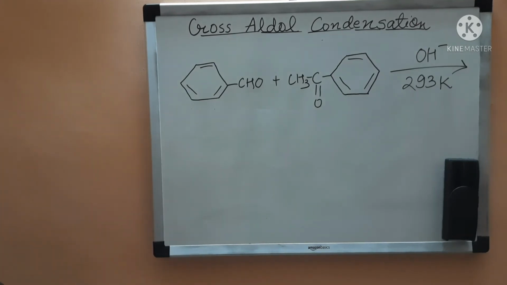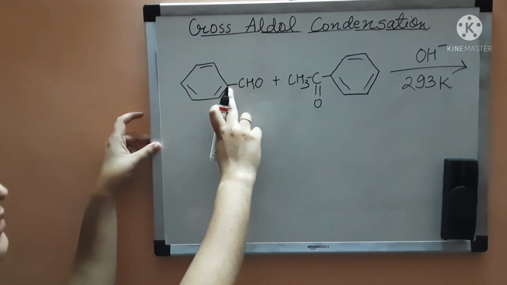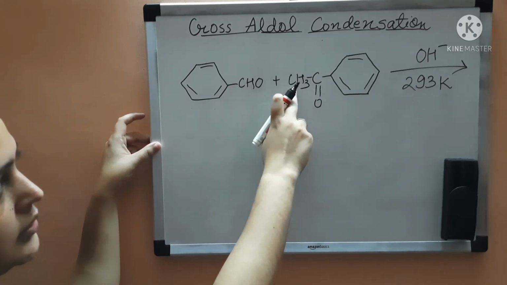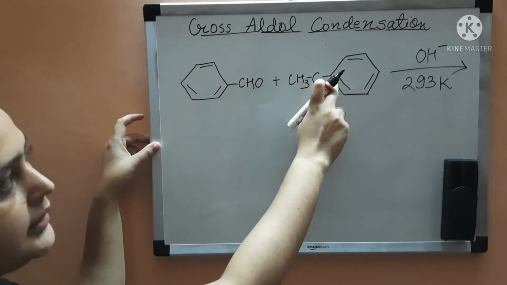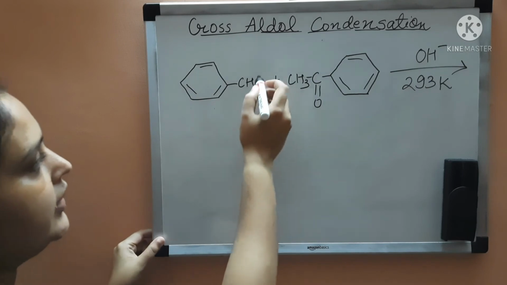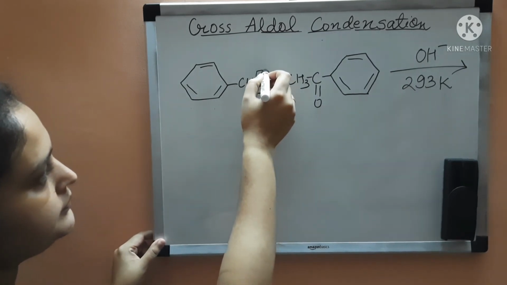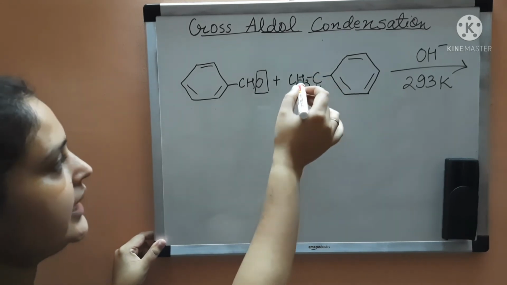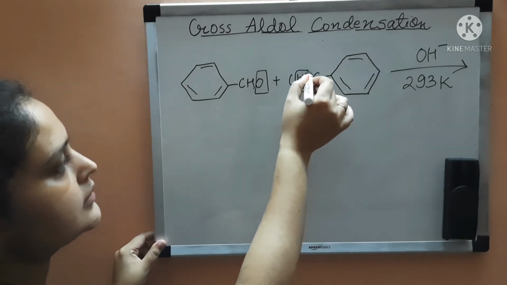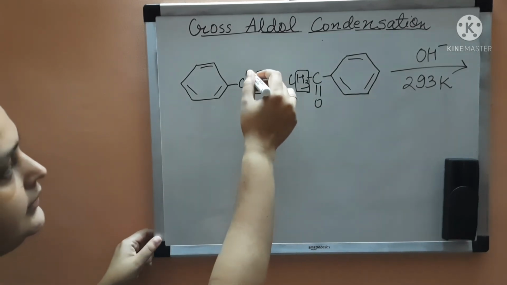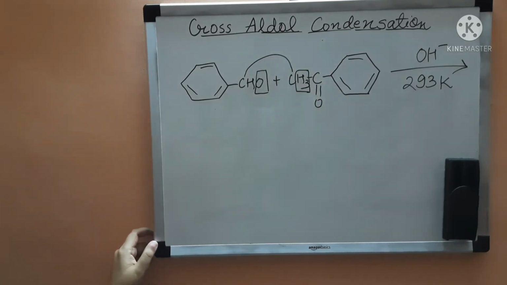First we have to see the alpha hydrogen atoms. Here there is no alpha hydrogen atom, and here there are 3 alpha hydrogen atoms on this carbon, but on this side there is no alpha hydrogen atom. So one oxygen atom is removed from this benzaldehyde, and 2 of the alpha hydrogen atoms are removed from this acetophenone. Then a carbon-carbon double bond will be formed.